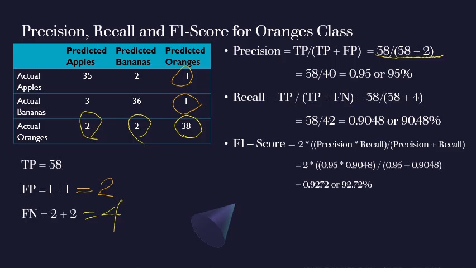This signifies that a precision of 0.95 indicates that predictions for oranges are highly accurate, and the recall of 90.48% reveals a slight miss in detecting all oranges, but the F1 score of 92.72% reflects a strong overall performance of the model. It means that there is a good balance between our precision and our recall.